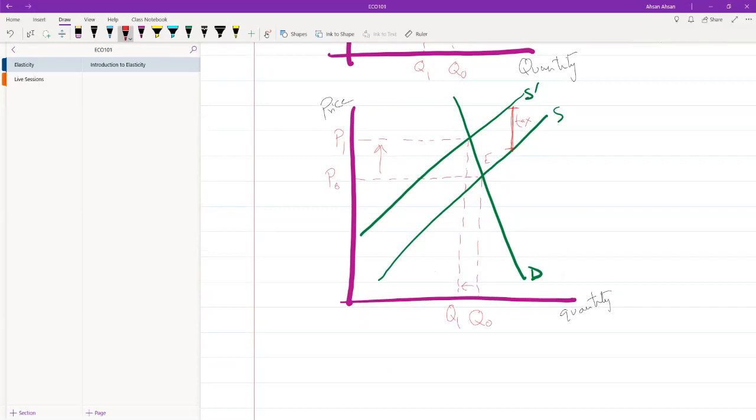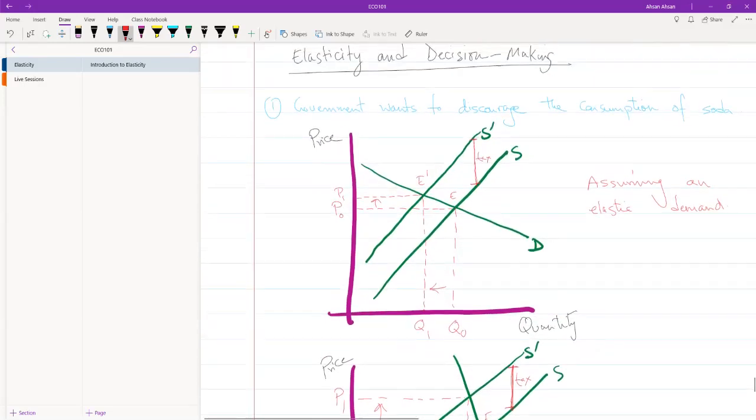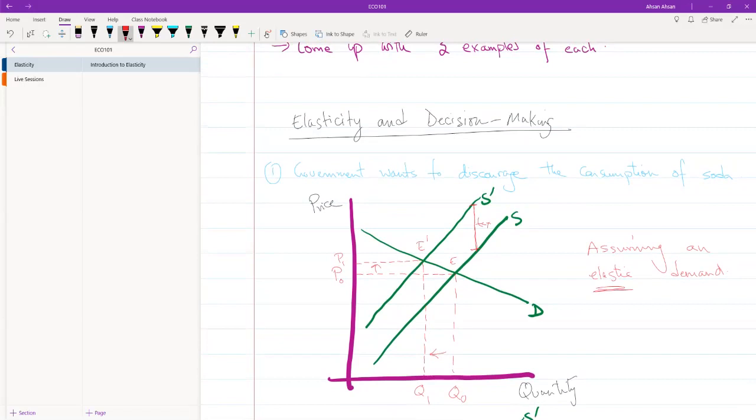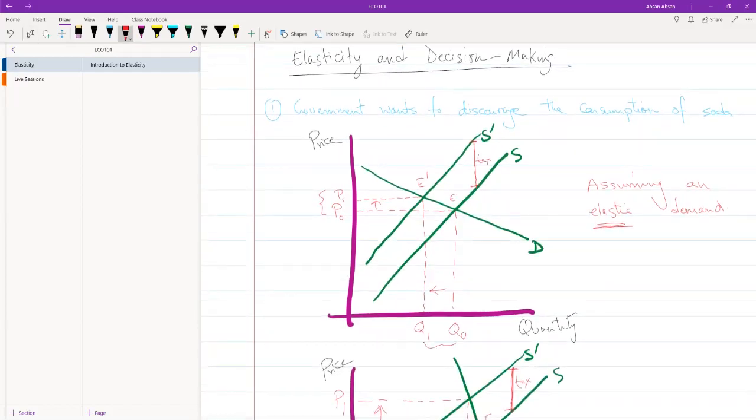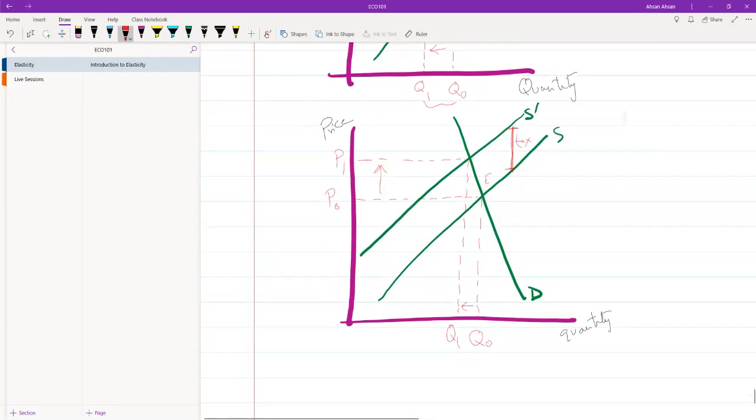So here's the problem with the government's policy. When they had assumed an elastic demand curve, they were expecting that a small change in price would lead to a relatively large change in quantity demanded. And so they assumed that imposing a small tax would bring a relatively larger change in the consumption of soda. The problem is soda has inelastic demand.